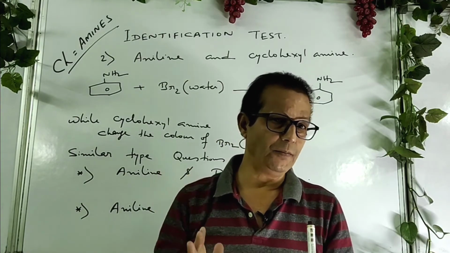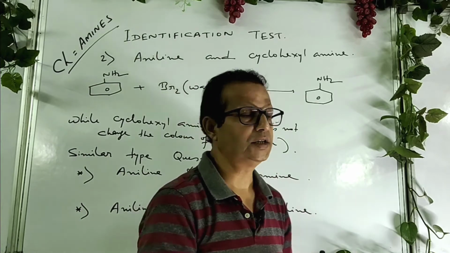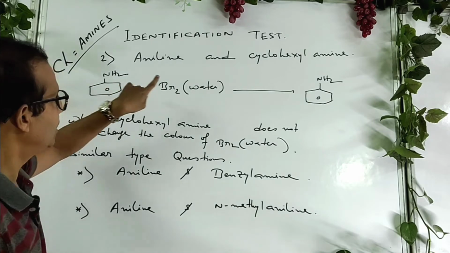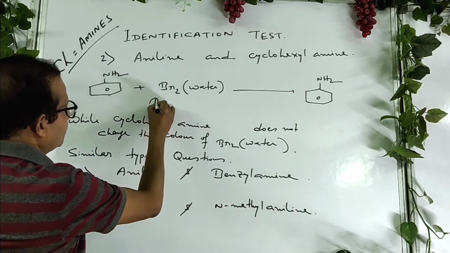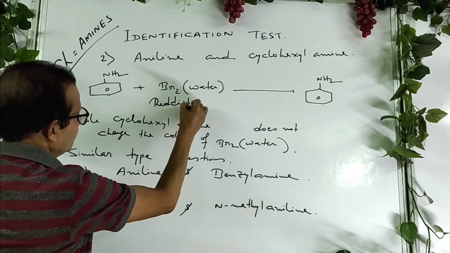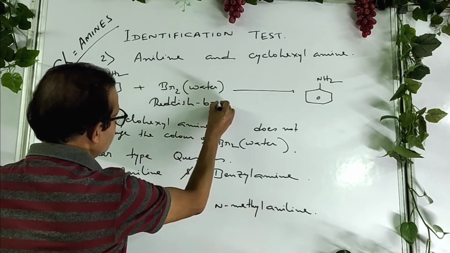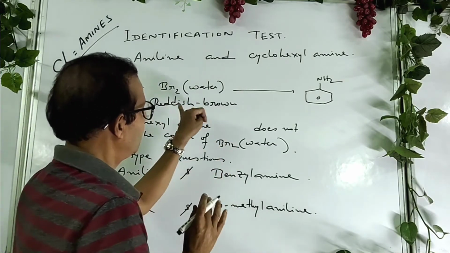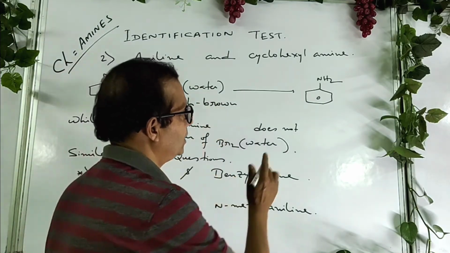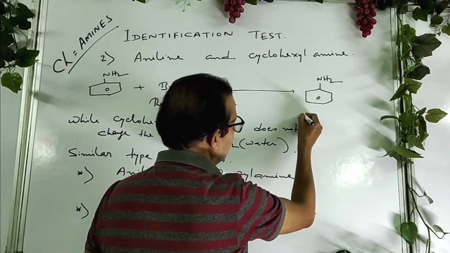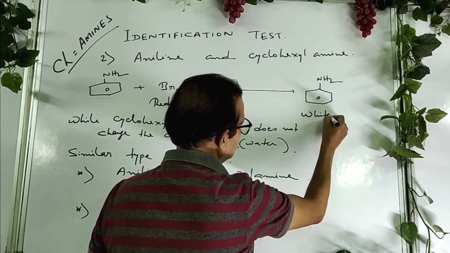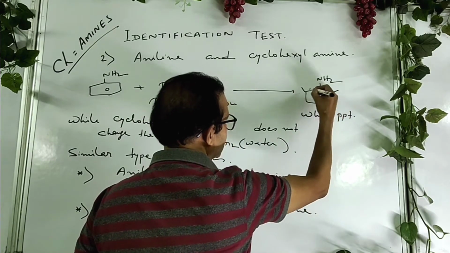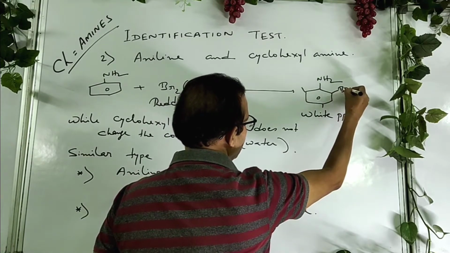But the reaction is very important here. What is the reaction? Listen. So how to write it? When aniline reacts with reddish brown color of bromine water solution, the color is decolorized and we get a white precipitate of 2,4,6 tribromoaniline.